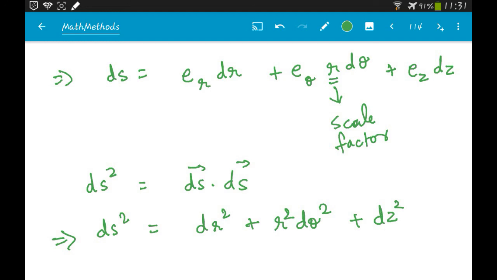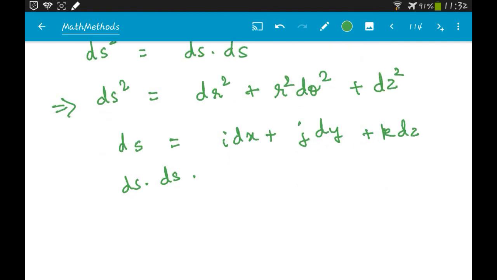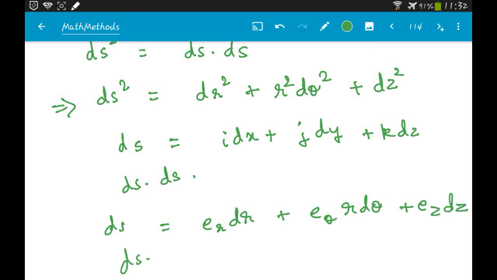You can do this computation and verify this for yourself. The verification would be that you can either go for ds equal to i dx plus j dy plus k dz, start with this and do the dot product ds dot ds, or you can do it from ds equal to E_r dr plus E theta r d theta plus E_z dz and take the dot product of this.